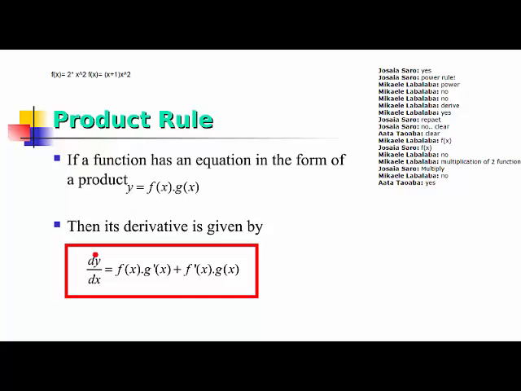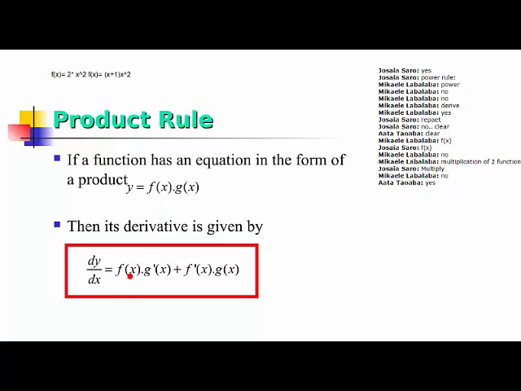Now, knowing that is one thing. Now we have to apply the product rule. And how do we apply it? The formula says that dy over dx will be equal to f of x multiplied by g dash of x.